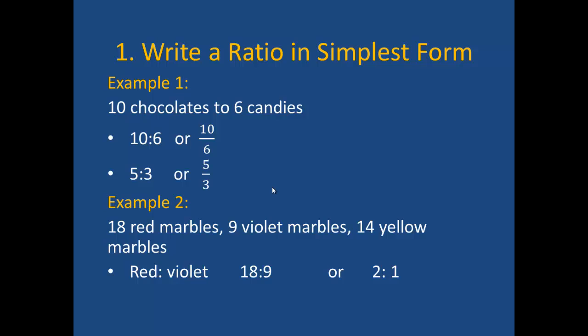But if I would like the simplest ratio, I would divide 18 and 9 each by 9 to get a ratio of 2 to 1. This could also be written as the fraction 2 over 1. If I'm interested in the number of red to yellow marbles, this would be written as 18 to 14, or in simplest form, 9 to 7.